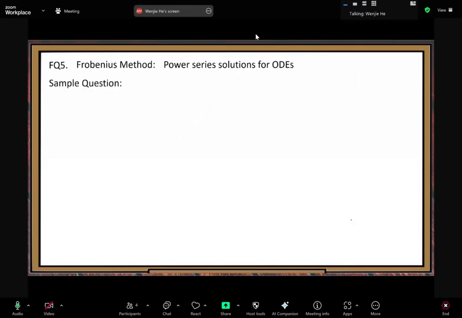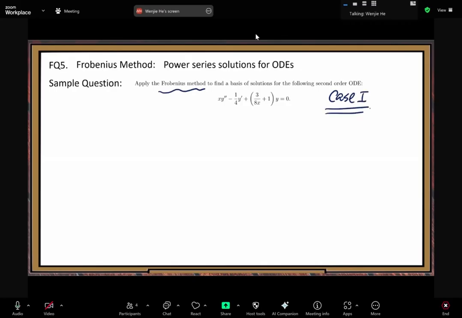For the power series sample question, I still use homework assignment number 3, because this example, in the Frobenius method, is a case 1 example. But in my plan, I try to do a case 2 or case 3.